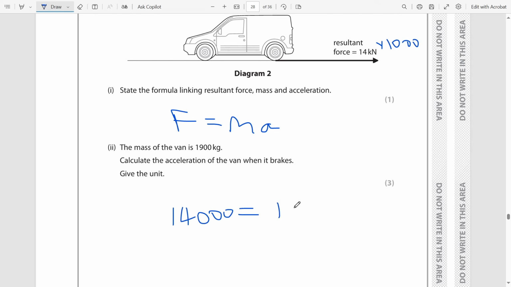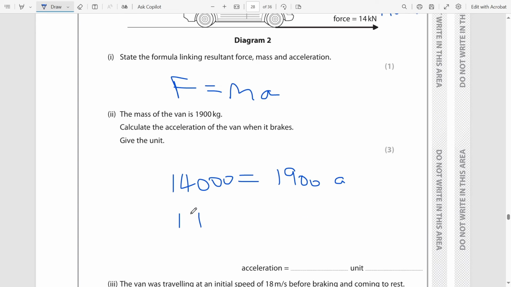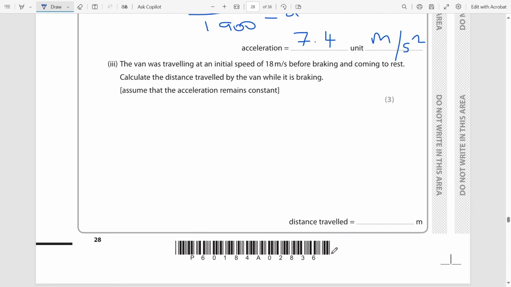And that equals 1,900 a, and that equals a, in meters per second squared. 14,000 divided by 1,900 equals 7.4 meters per second squared.